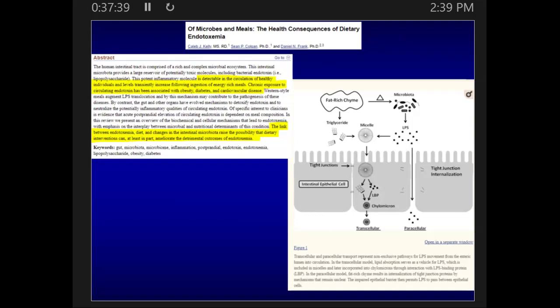Normally you have tight junctions between your epithelial cells that provide secure binding of neighboring cells. But with all of this going on, those tight junctions can break down, which is part of the leaky gut idea. They're proposing a couple of different routes for how the endotoxin could get past your epithelial cells and into your bloodstream.